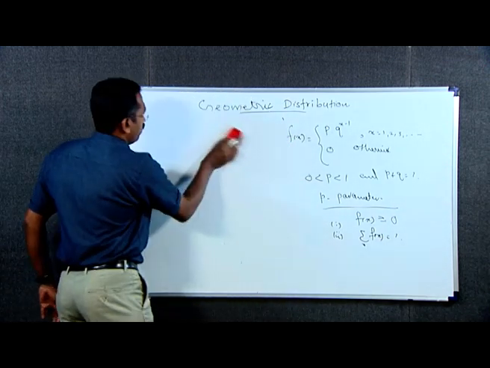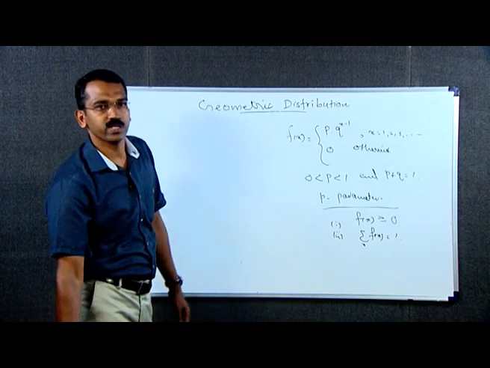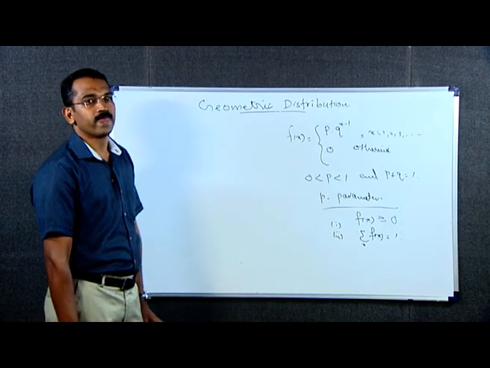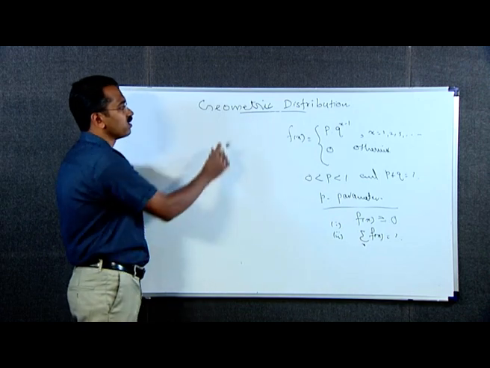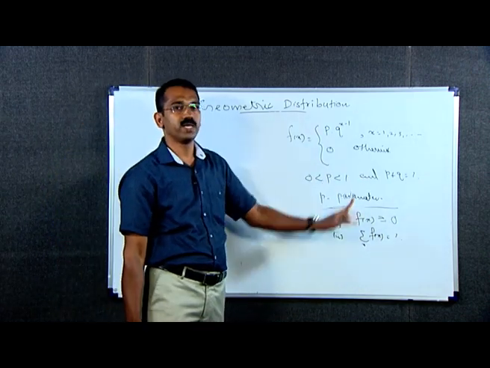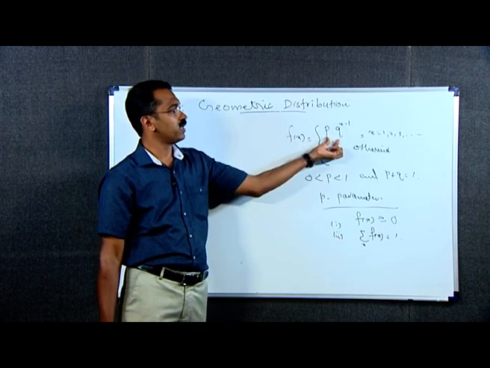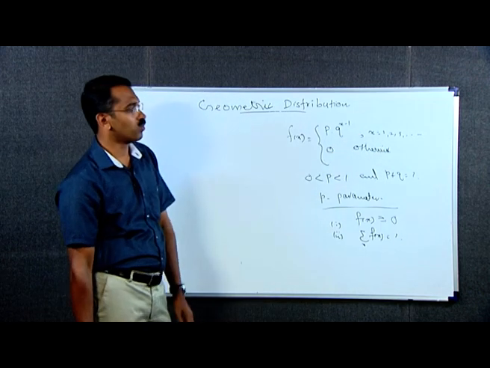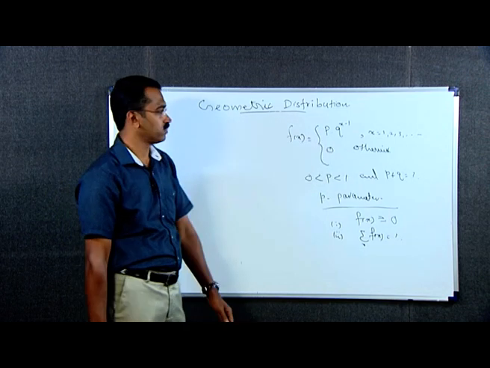Now, we have to find the arithmetic mean of the geometric distribution. Consider a random variable having the geometric distribution with parameter p, then f of x is equal to p into q raised to x minus 1, where x varies from 1 to infinity and 0 otherwise.